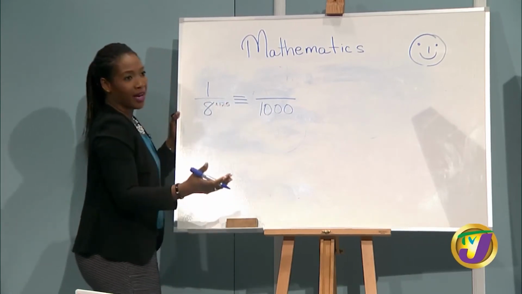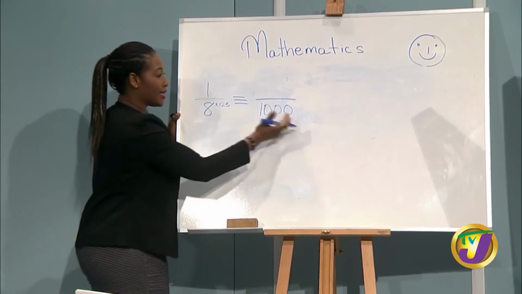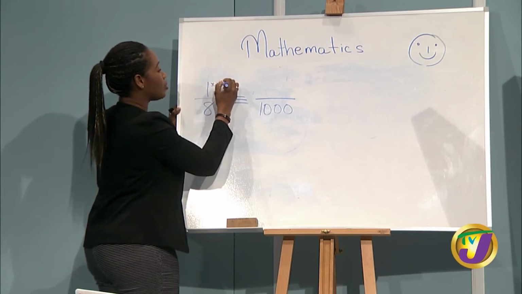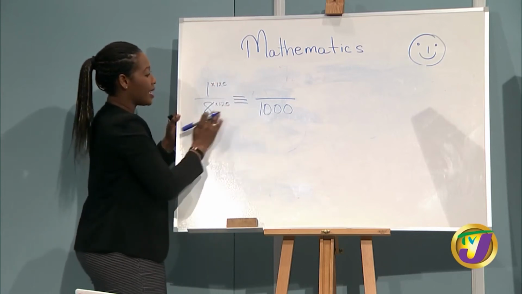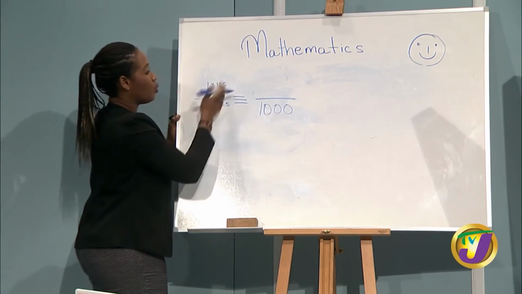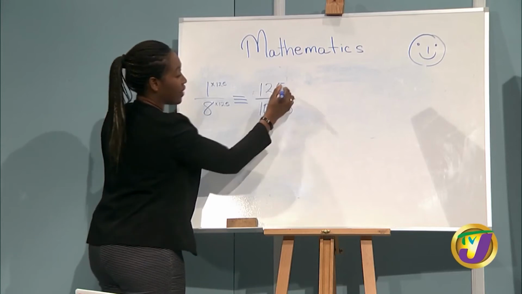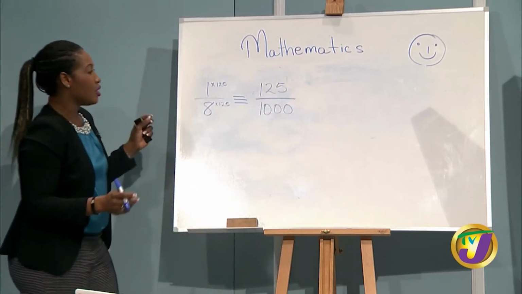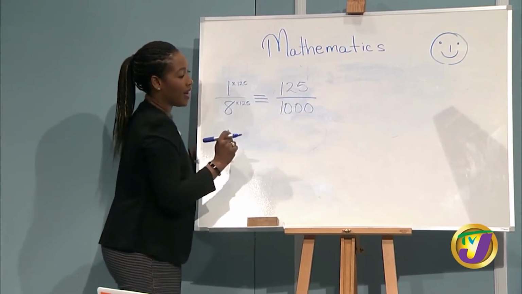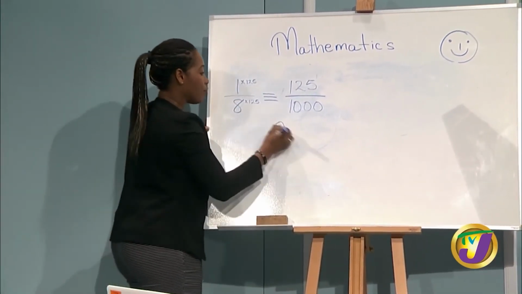And we know this by now, that whatever you do to the denominator to get it to the equivalent fraction, you must also do it to your numerator. So 8 multiplied by 125 gives us 1,000. 1 multiplied by 125, we know this, 125. So what does that tell us? So we have the fraction here, 125 thousandths, and we know how to write this.